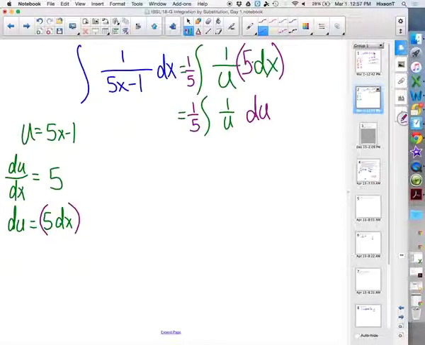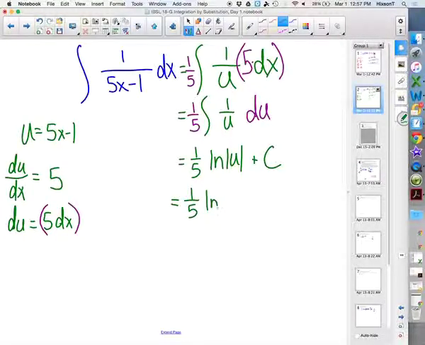And then you just plug it back in at this point. Before we integrate, then we'll plug it back in. So what's the integral of 1 over u? ln of u. Okay? And now we'll plug back in what u was. So 1/5 ln of 5x minus 1 plus c.